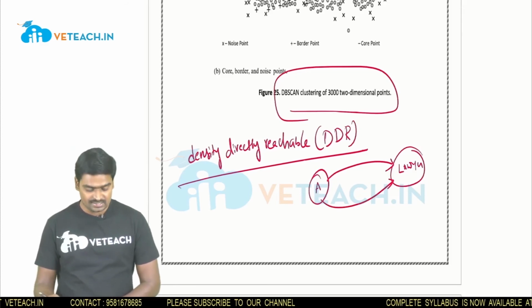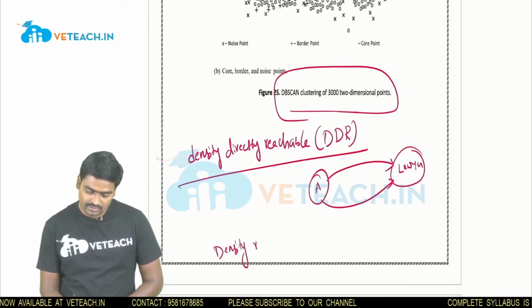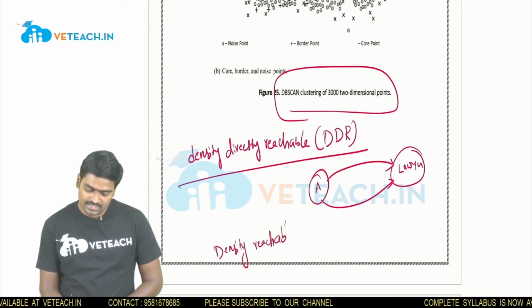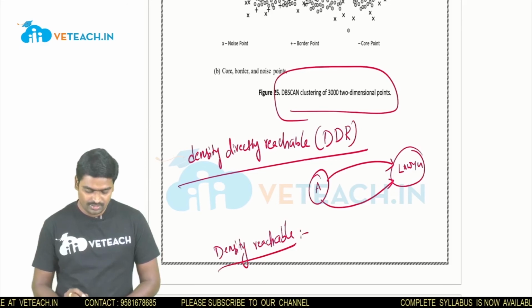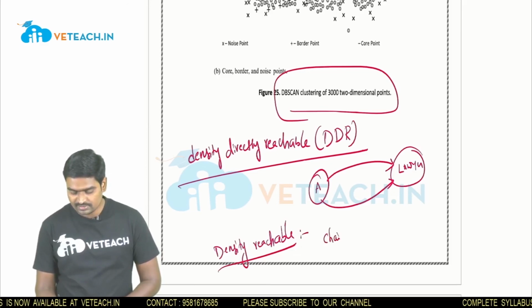But in case of density reachable, the other method, what is the meaning of density reachable? For example, there exists a chain of points.